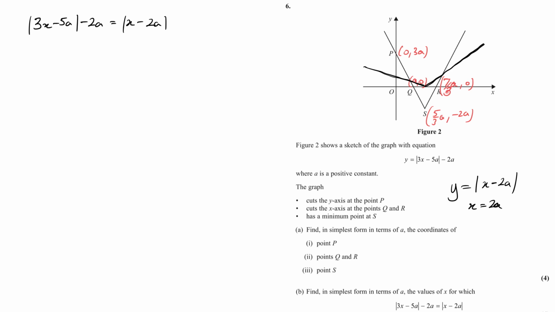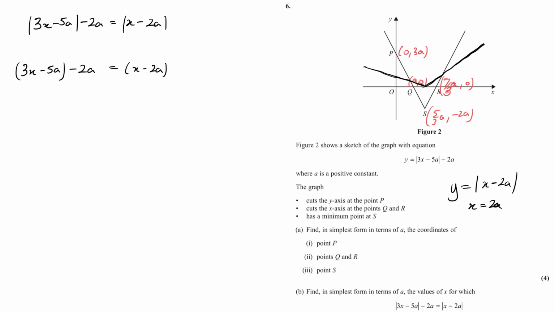So what we've got to do here now is solve for two different ones. So we're going to get 3x minus 5a minus 2a equals, and we're looking at x minus 2a. So if I think of what's happening here, this is when both of these are positive, yeah? It wouldn't matter if I take the modulus away.